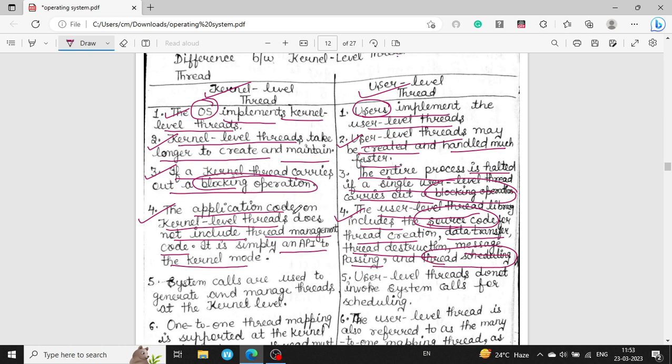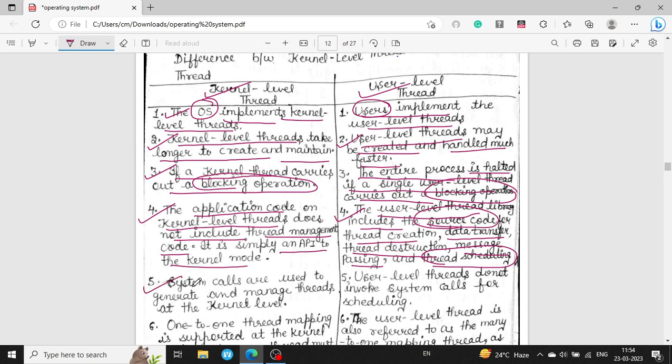Means in kernel level thread, application code does not include any thread management code. It's only an API to kernel mode, while on the other side, the user level thread library includes source code for thread creation, thread data transfer, thread destruction, message passing, and thread scheduling.